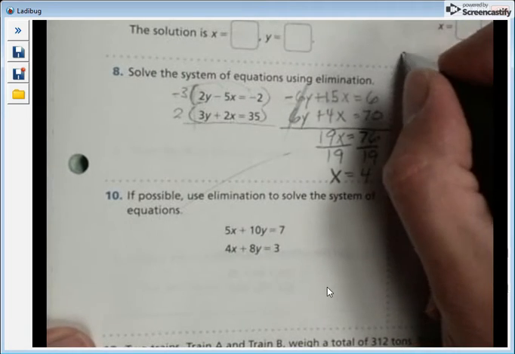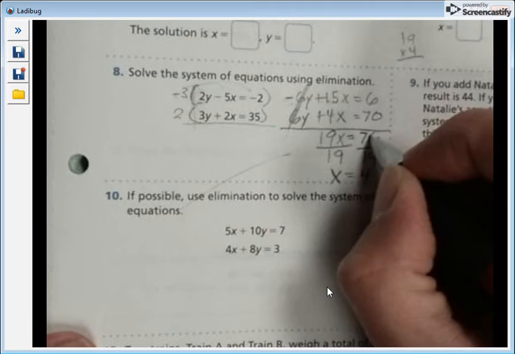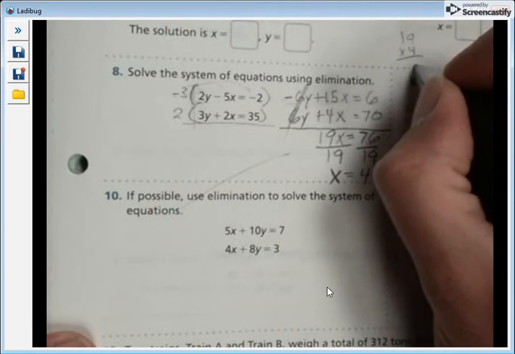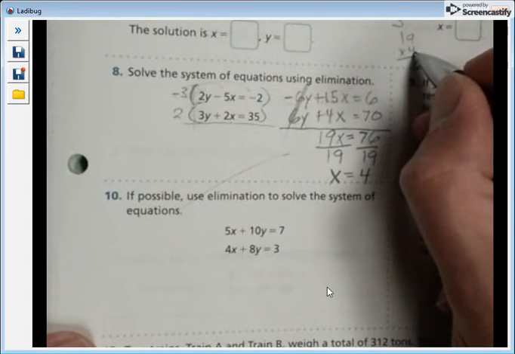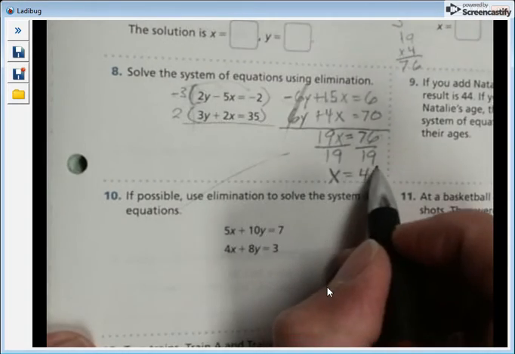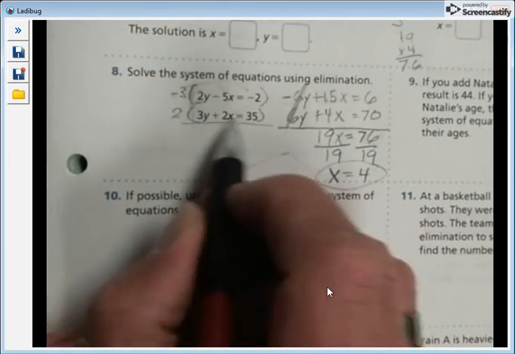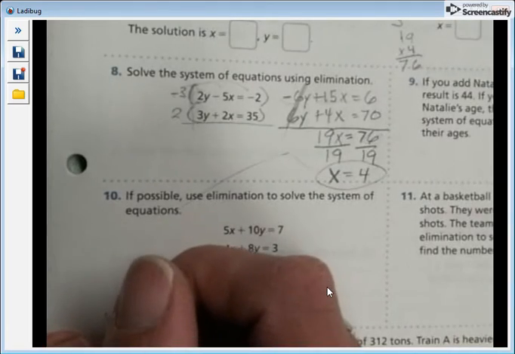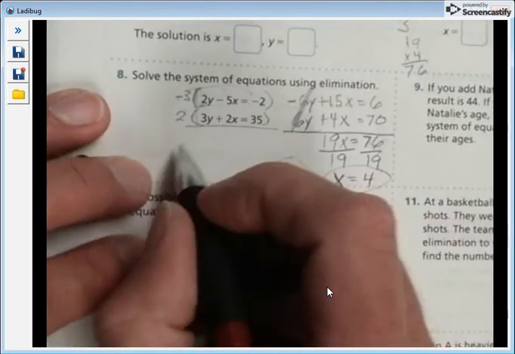Because, I'll do right over here, I'll show you, 19 times 4, because I need to have a 6 in the ones. 4 times 9 is 36, right? That'll give me the 6 in the 1, and then a 4 times 1 is 4, plus 3 is that 76. So now I know that x is 4, and then I just have to take that back up and plug it into one of these equations and solve for y, all right? So let's go with, we'll just go with the top one here.